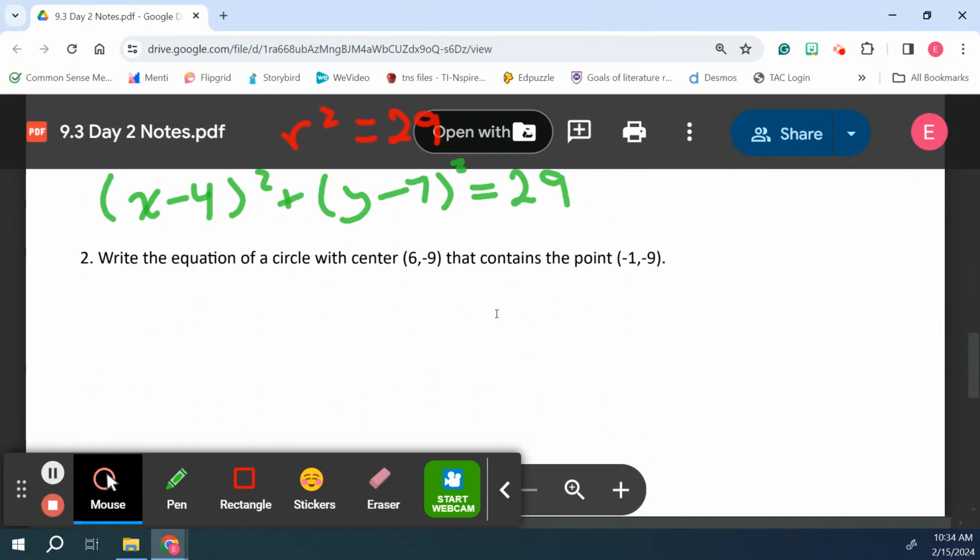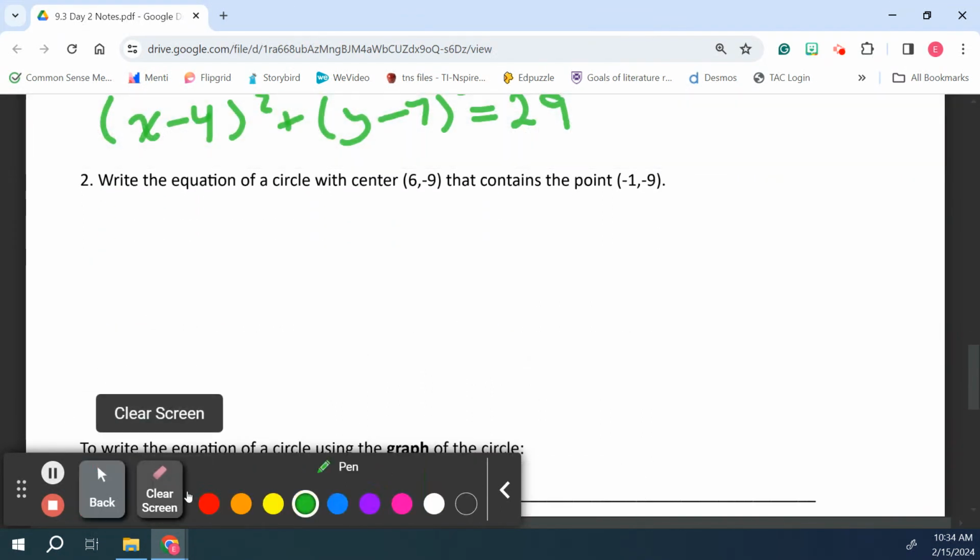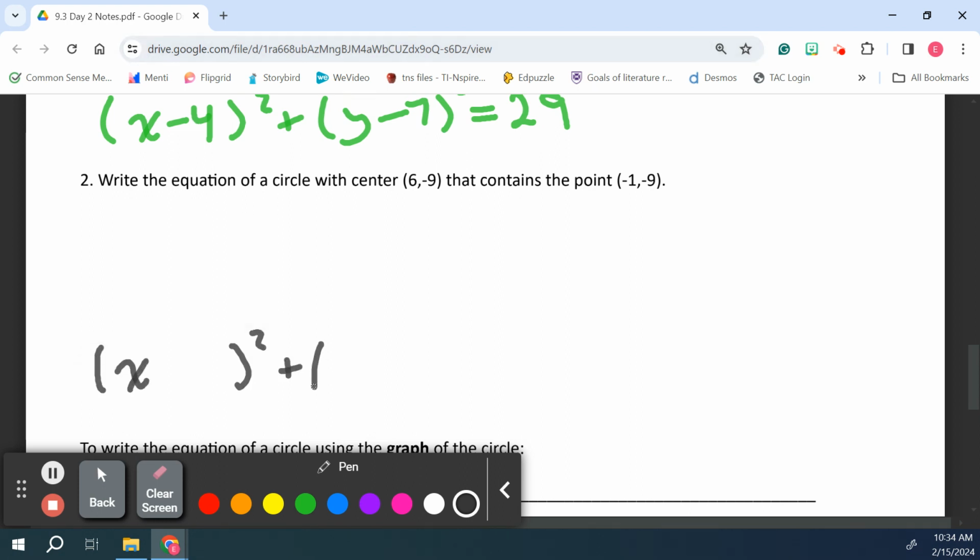All right, let's take a look at two. Who's got the equation for two? What's the final equation?